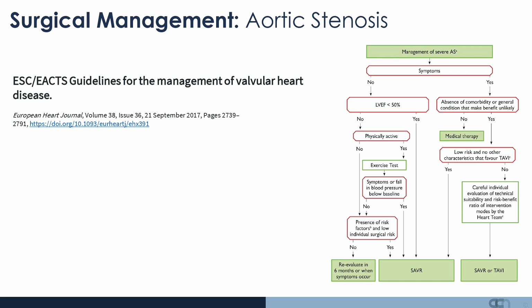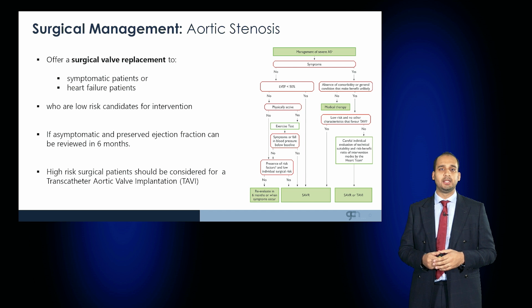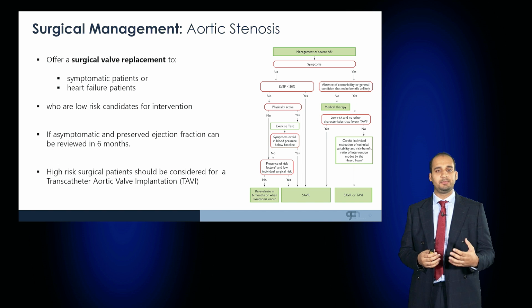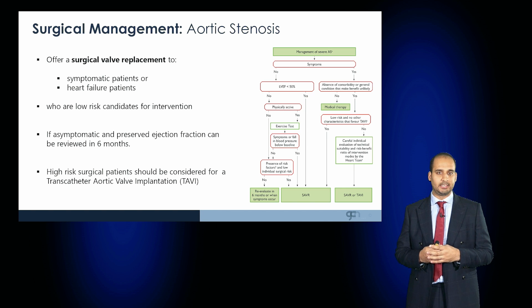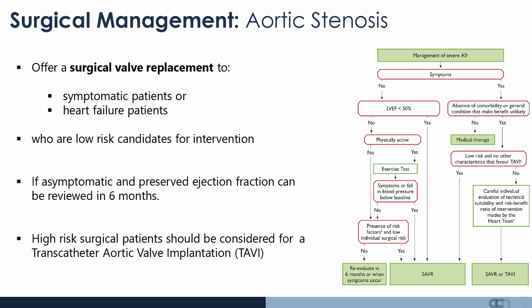Importantly, we determine whether or not the patient is symptomatic. If the patient is symptomatic or has signs of heart failure and they're a low-risk candidate, they should be offered surgical aortic valve replacement, or if they're a high-risk patient, consider a transcatheter aortic valve implantation, and if they're asymptomatic and they have a preserved ejection fraction, they can be reviewed in 6 months.